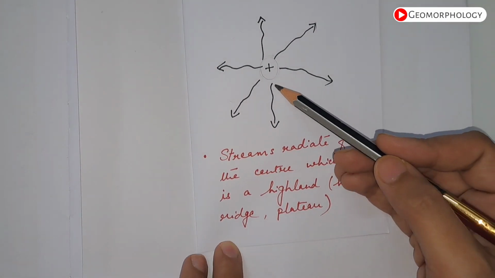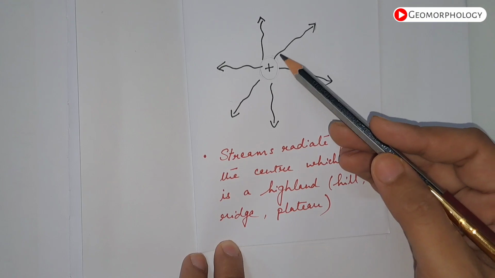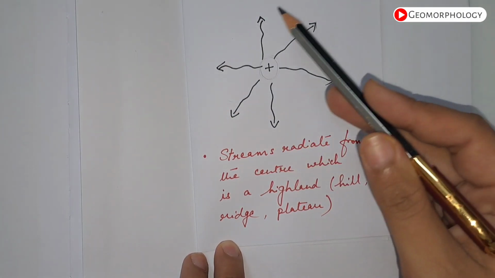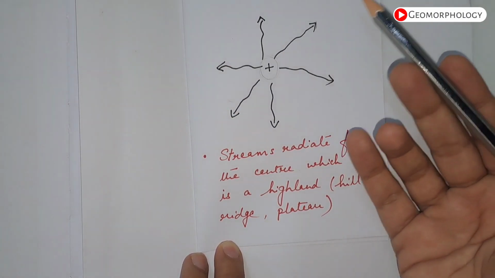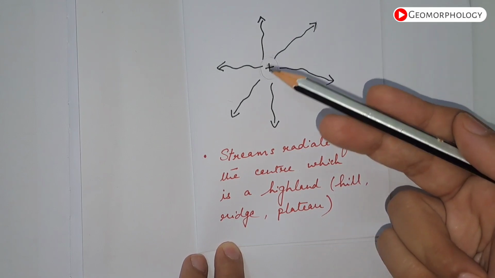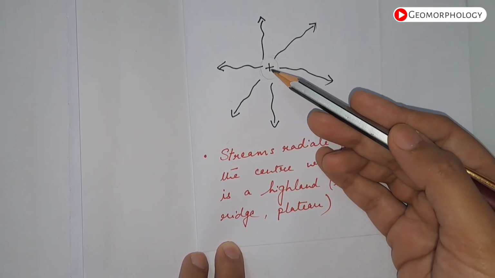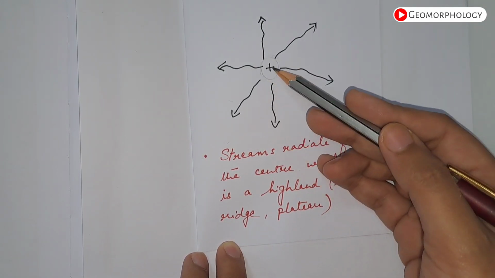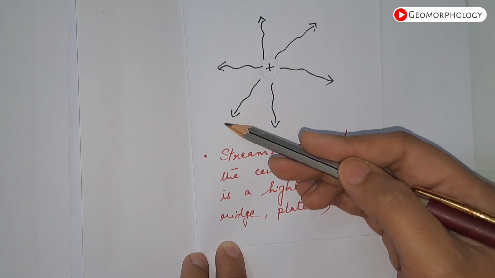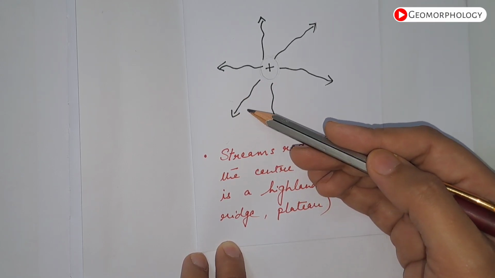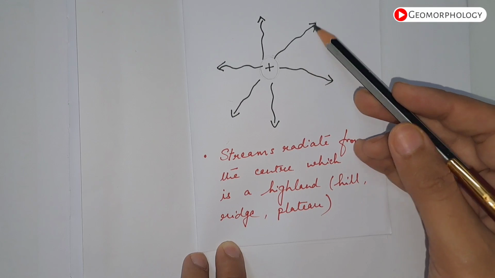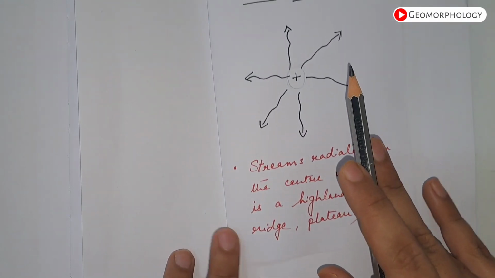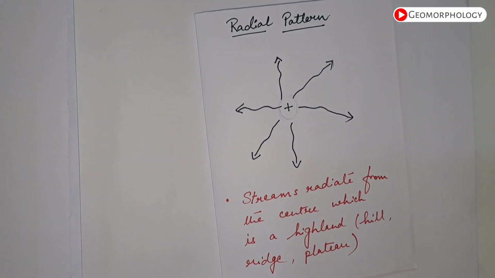Any highland from where the streams are originating, because the surrounding is a lowland. So always the water flows from highland to lowland. So the rivers are flowing from the hill down to the low-lying surrounding region. This type of drainage pattern is known as the radial pattern.